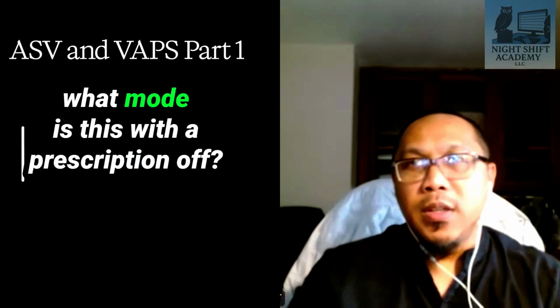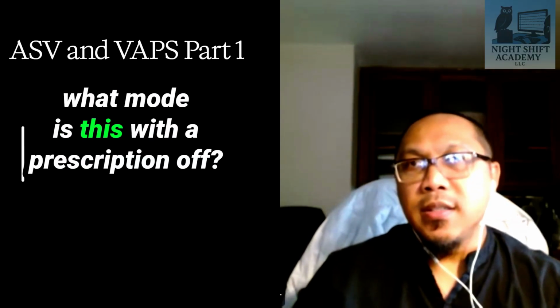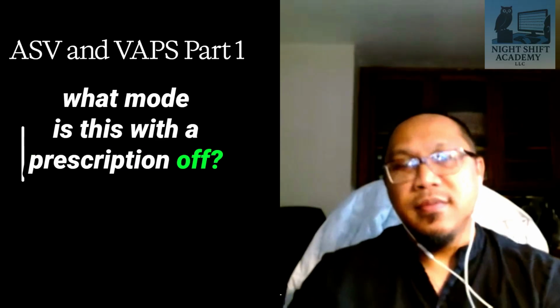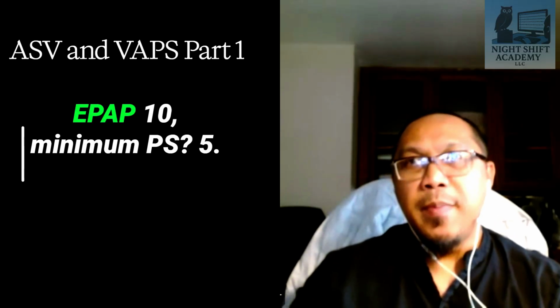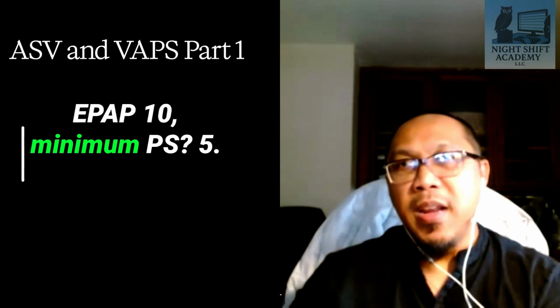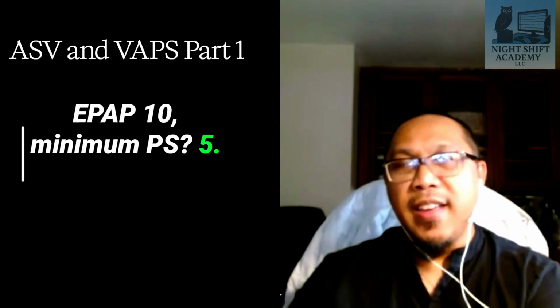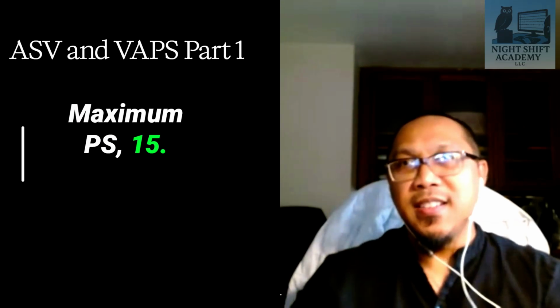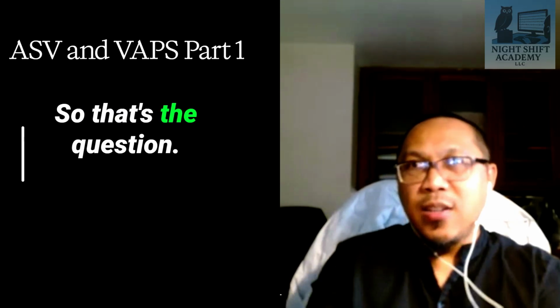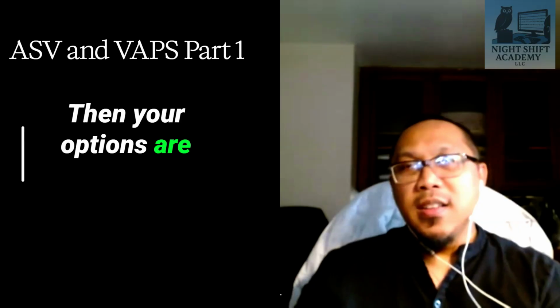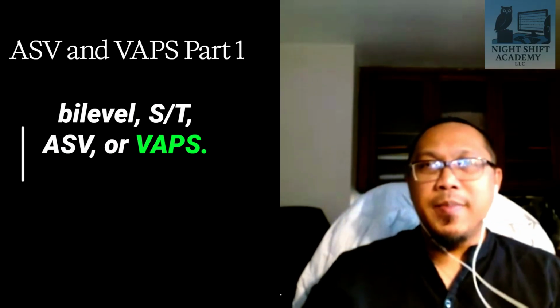They'll say, let's say question number 35, what mode is this with a prescription of EPAP 10, minimum pressure support 5, maximum pressure support 15? So that's the question. Then your options are bi-level, ASV, or VAPS.